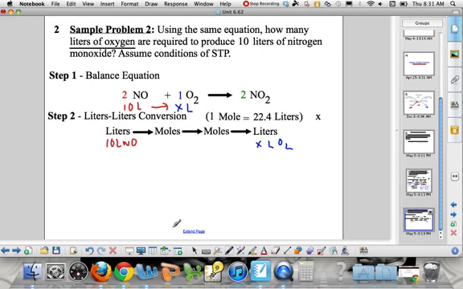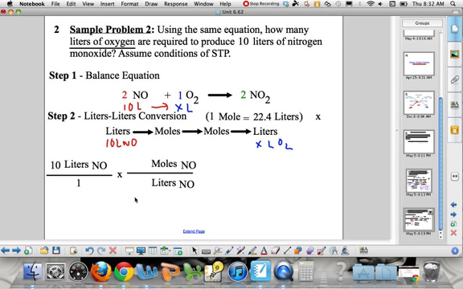Let's do it. Take what we were given, 10 liters of the nitrogen monoxide, and put it over 1. Multiply by a conversion factor. You know what goes on the bottom of the next step. I got liters up on top in my previous step, so I'm going to put liters of NO on the bottom right away, and I want moles of NO up on top.